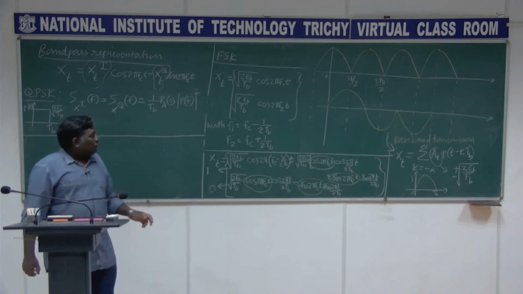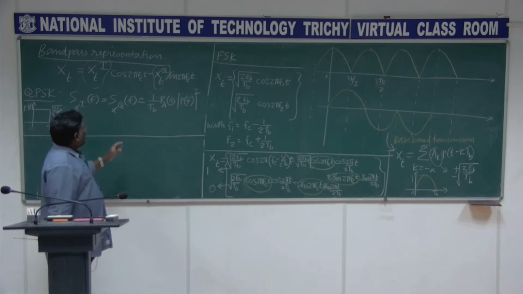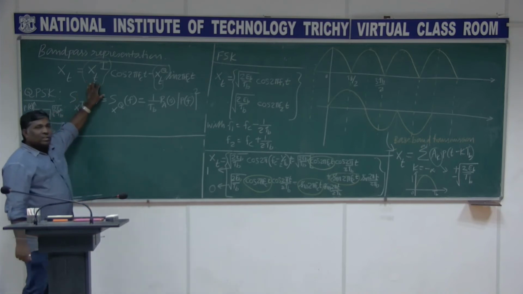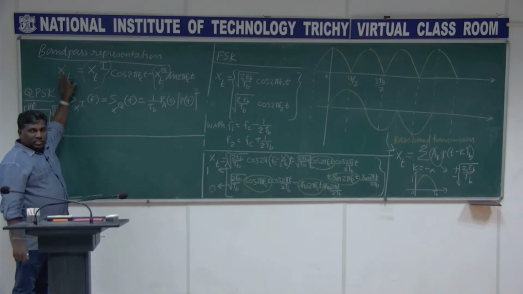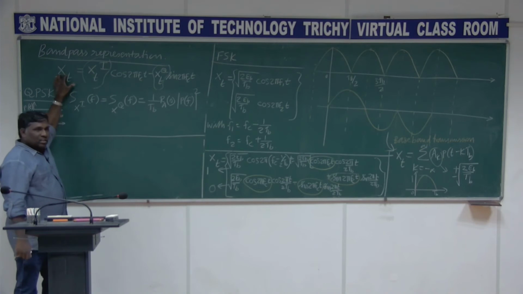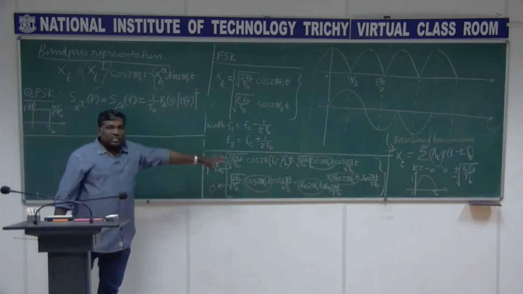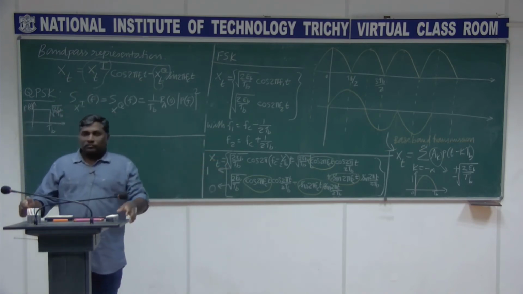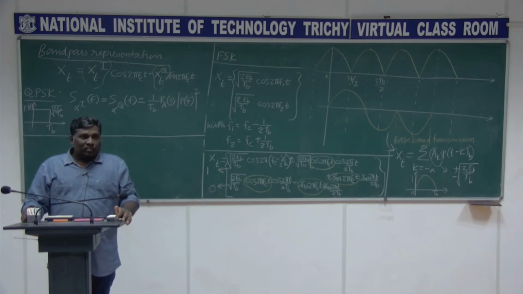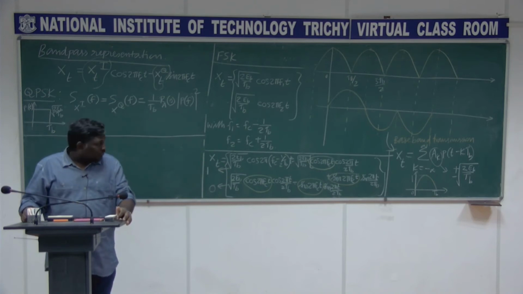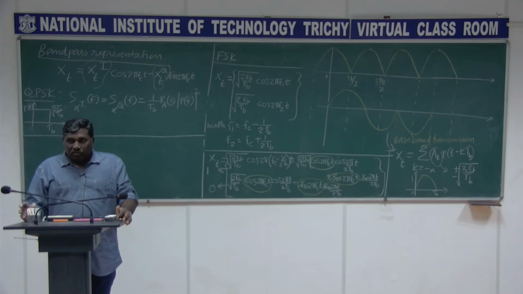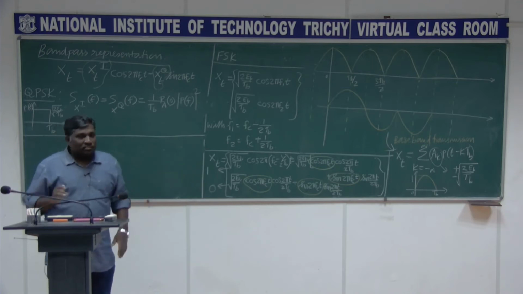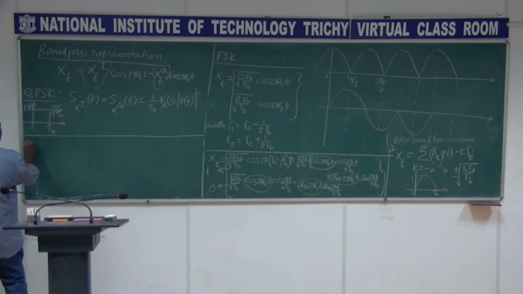Fine. Before going for getting the relationship between XTI, XTQ and XT, you will see a similar exercise for FSK. For FSK, the quadrature component is very straightforward.